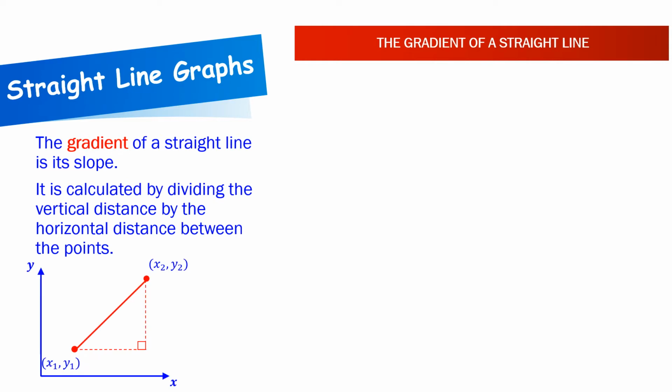So for example, if we have 2 points, x1, y1 and x2, y2, and the 2 points are joined by a straight line, then the difference in the y coordinates is y2 minus y1, and the difference in the x coordinates is x2 minus x1, and the gradient is y2 minus y1 over x2 minus x1. So change in y over change in x.